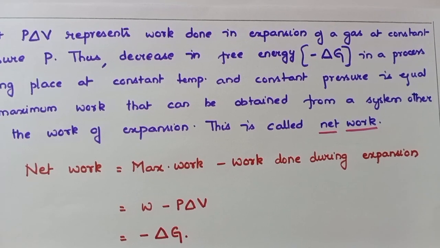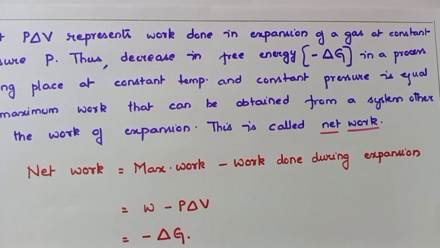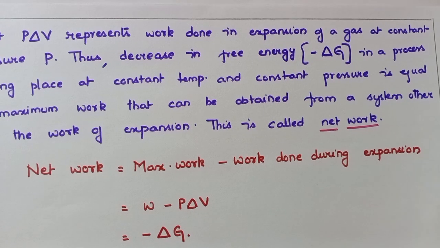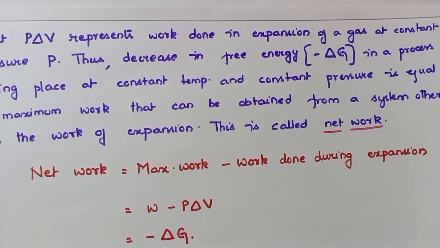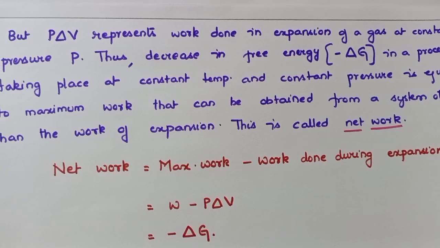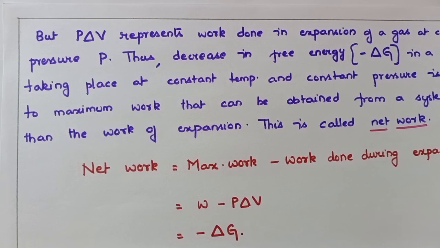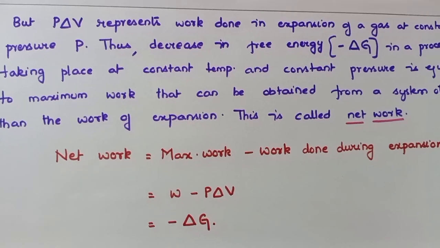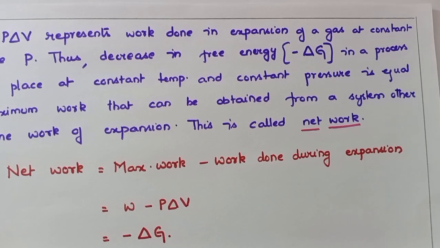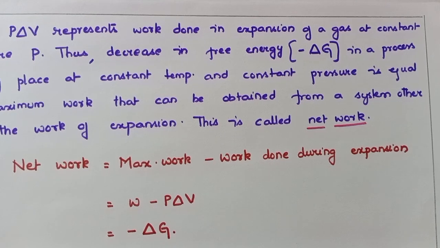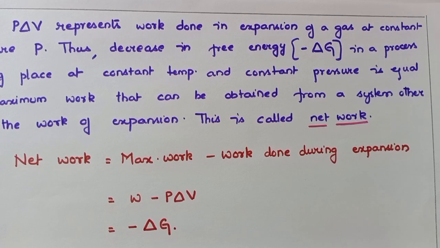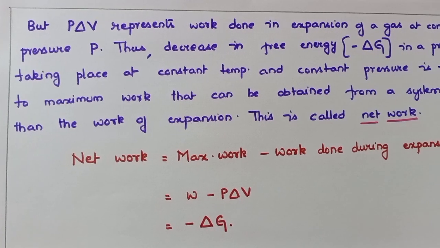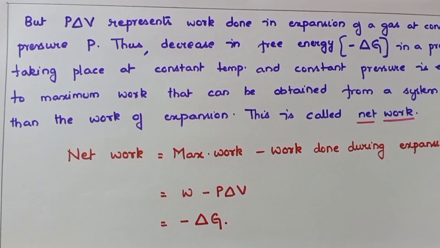decrease in free energy in a process which is taking place at constant temperature and constant pressure is equal to maximum work that can be obtained from a system other than the work of expansion.